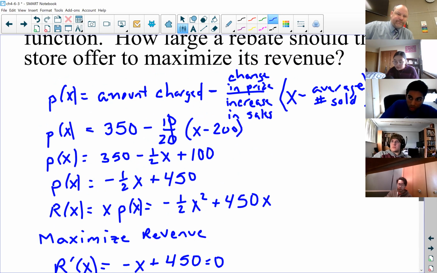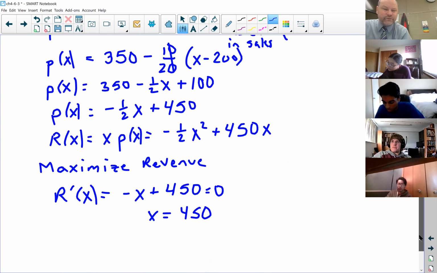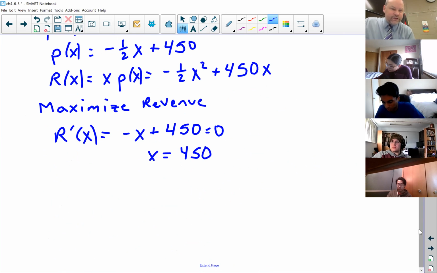What we want to find though is the rebate. So what we're going to do is go back to our demand function to see what price we should set at to sell 450 items.